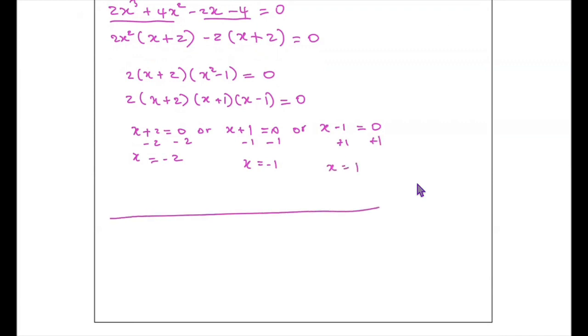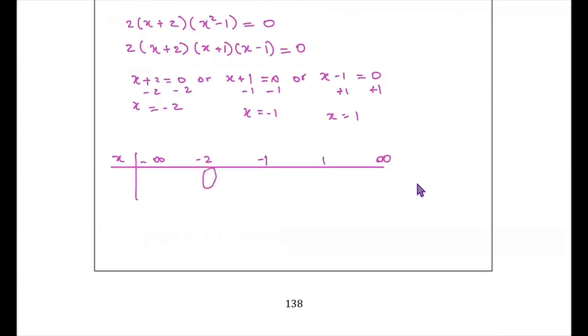We're going to create a table to study the sign of the expression. So that's all the x values from -infinity, -2, -1, 1, and infinity.